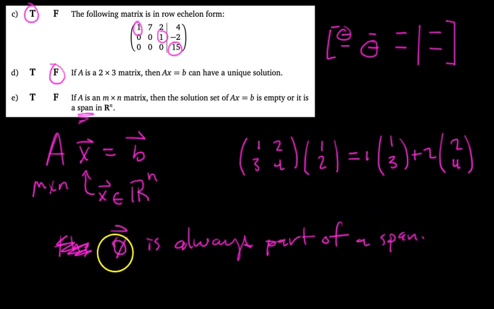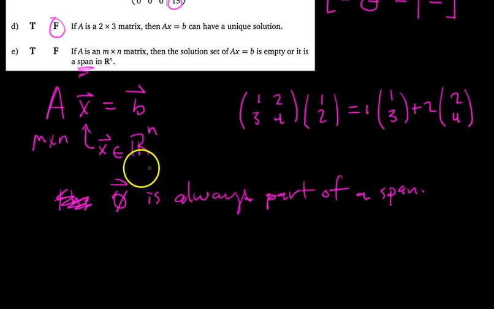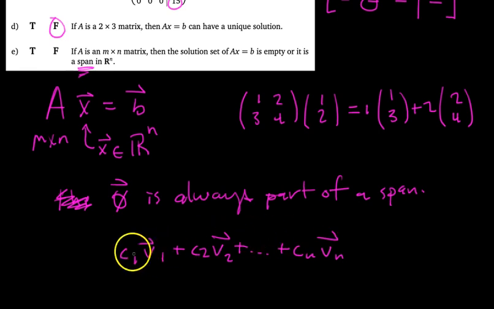The reason is that a general linear combination looks like some constant times a vector plus another constant times another vector, and so on, for however many vectors you have. If you just pick 0 for all your constants, you get the zero vector. Since the span is all the possible linear combinations, by picking 0 you're guaranteed to have the zero vector as an output, so the zero vector is always part of the span.